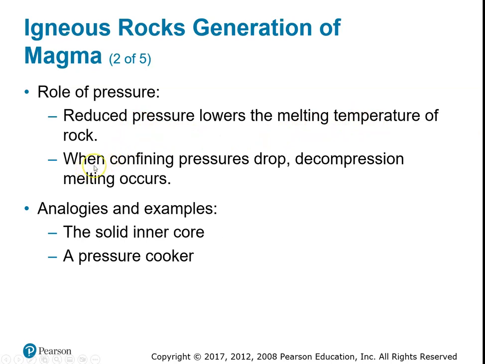When the pressure drops, what's called decompression melting will occur. For example, a pressure cooker is a good way to think of it. Or think about the inside of the earth.